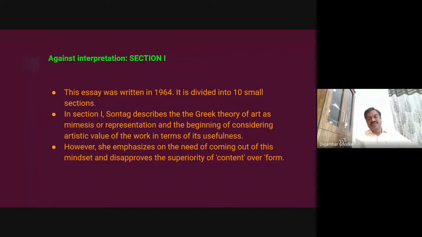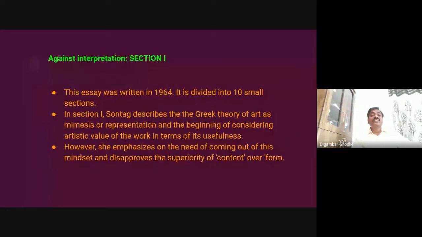This means the artistic value of a work of art was determined on the basis of its usefulness during the Greek period, and those who follow the Greek theory also do the same.